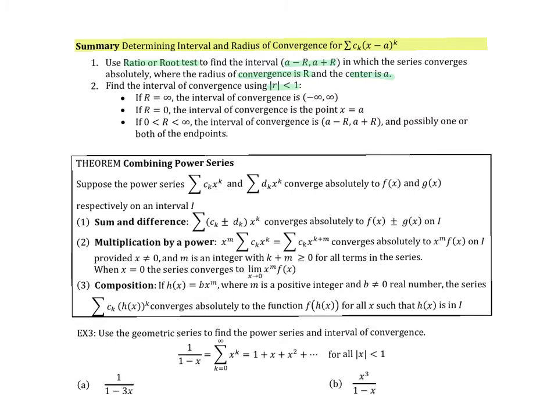If your radius of convergence is infinity, then the interval is negative infinity to positive infinity. If R is 0, then the interval of convergence is just your center A. If your radius of convergence is any number between 0 and infinity, then you'll have an interval of convergence where you're just adding and subtracting your radius of convergence from your center. However, you do have to check endpoints.